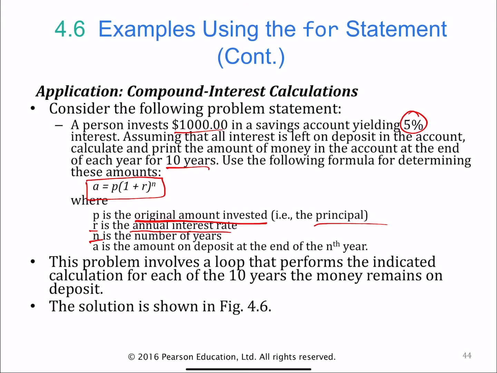N is the number of years for which you're putting the money in. And A is the amount that your deposit will be worth at the end of N years. Now you want to print that out for all the years from 1 to N, and you can do that using a for loop.